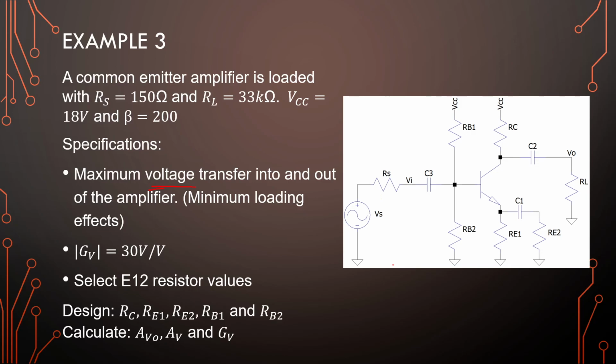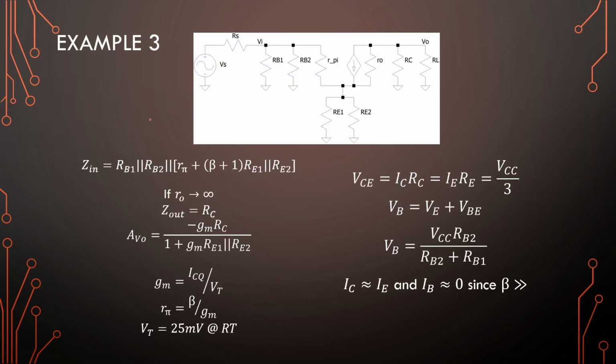Anyways, moving on with this example. Maximum voltage transfer, specific voltage. Okay. So again, equations, we just use a voltage divider bias here, but further, most of these are the same as the previous problem. It's just the extra base resistor.